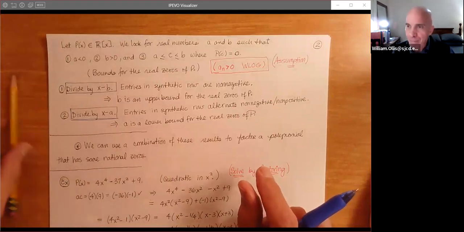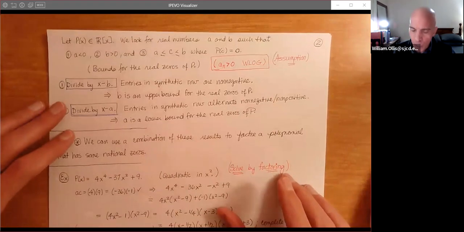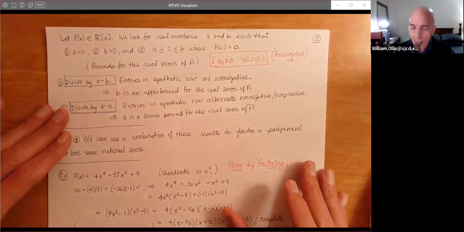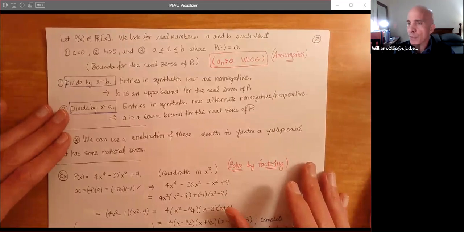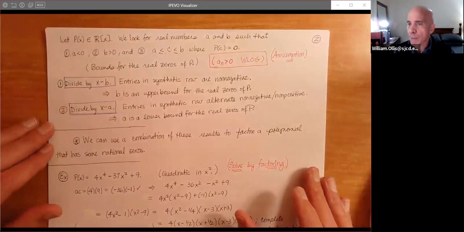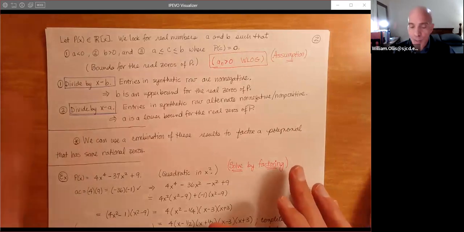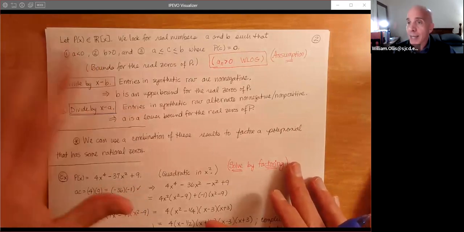So you have that flexibility. Again, this may not be earth shattering. And you look at this and say, okay, well, what if all the zeros are positive? I mean, if we test this out, will we get -1 as a lower bound? Possibly. The idea here is that this doesn't tell you what kind of number.